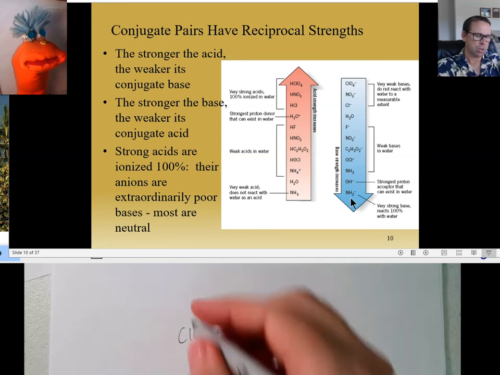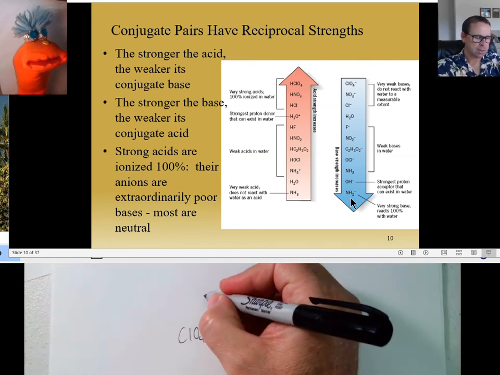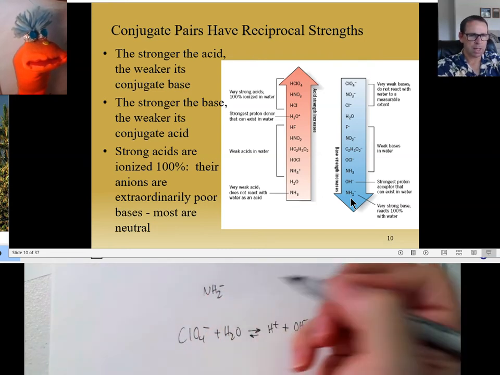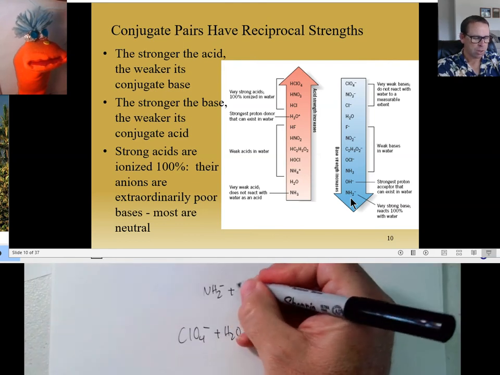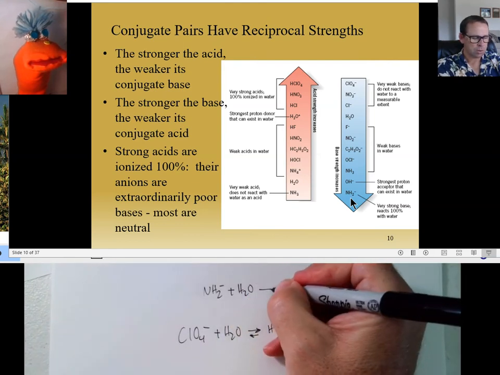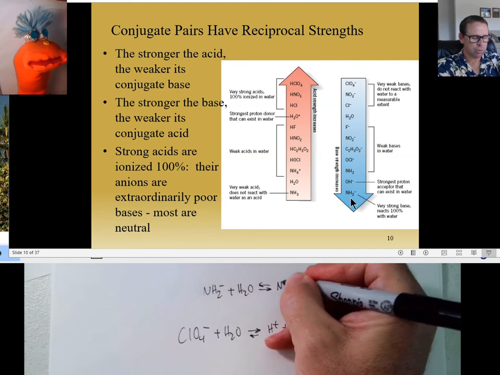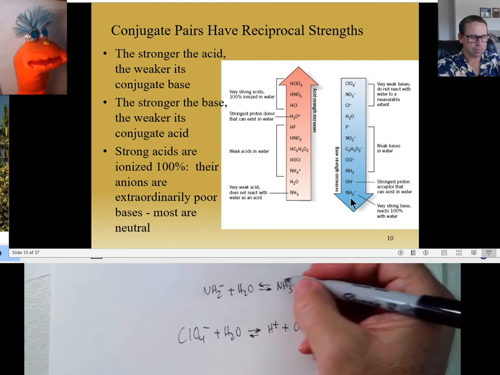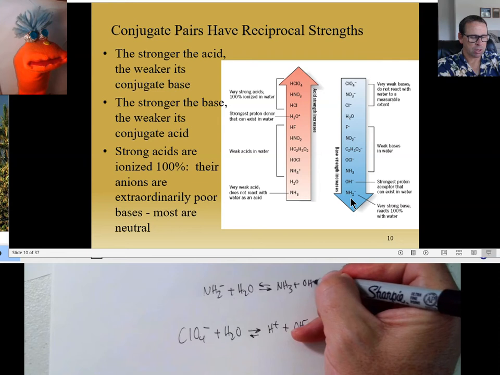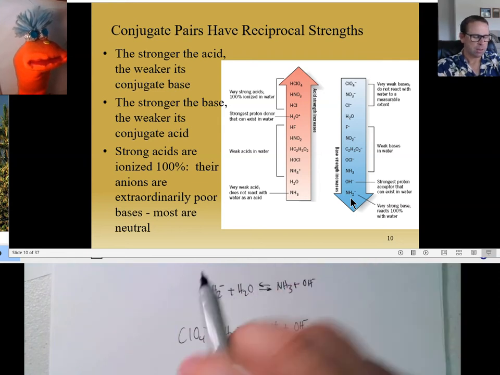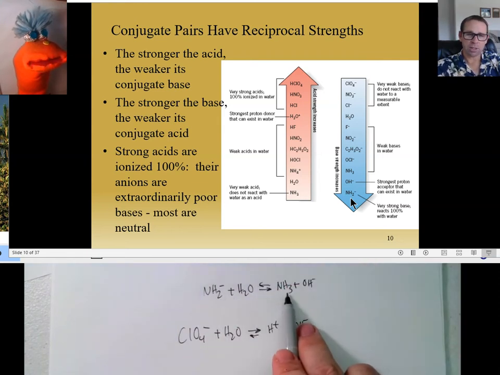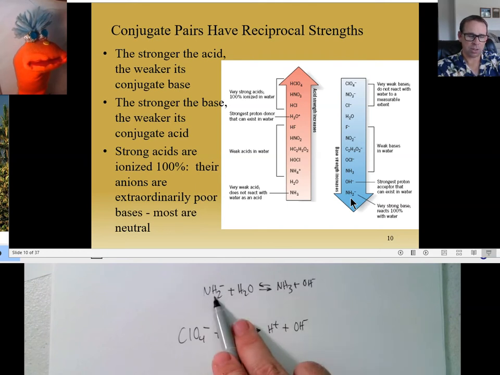All right. If NH2 minus existed in solution and was interacting with water, it would want to form NH3 and release the hydroxide ion. And we know that because NH3 is not a good acid. It doesn't want to release that hydrogen and form NH2 minus.